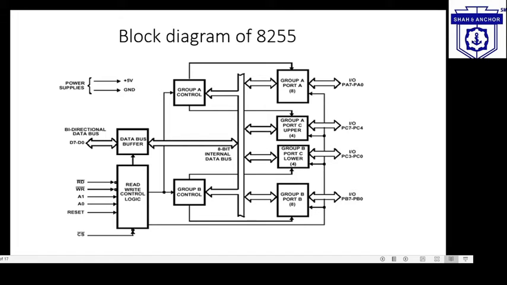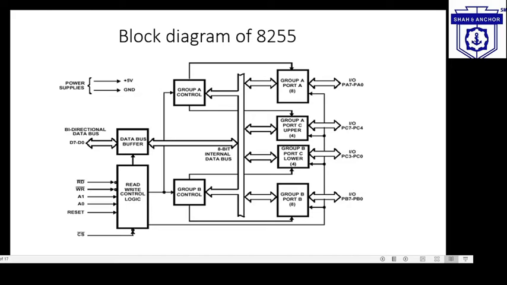Then when we go to the group B control block, we can see that there is group B port B, which includes PB0 to PB7. That means port B 0th bit to port B 7th bit, total 8 bits. And group B port C lower bits, which include PC0 to PC3. That is port C 0th bit to port C 3rd bit, total 4 bits.